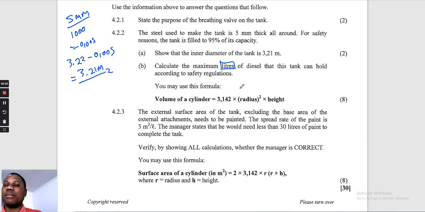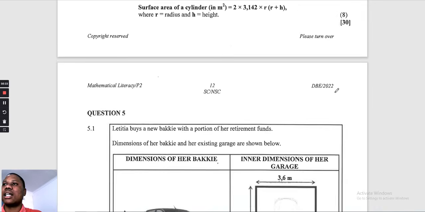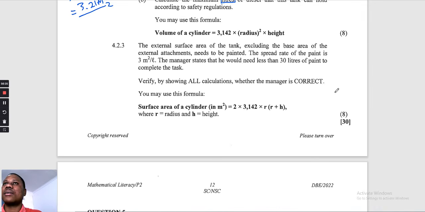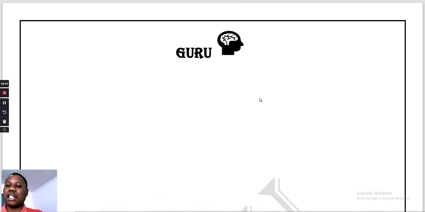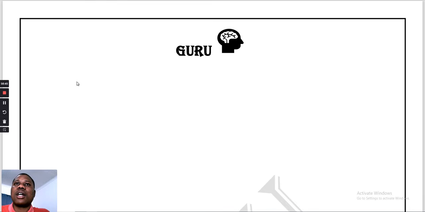Okay, let me try to write here. Where will I write? Okay, let's check. I have a special paper. Volume is equal to pi r squared multiplied by height.